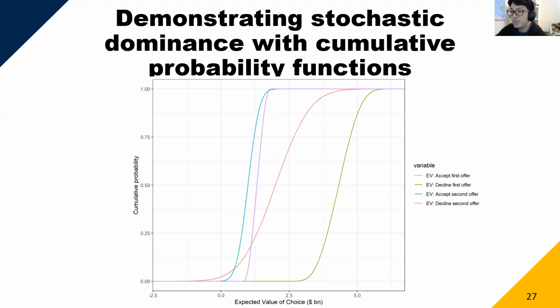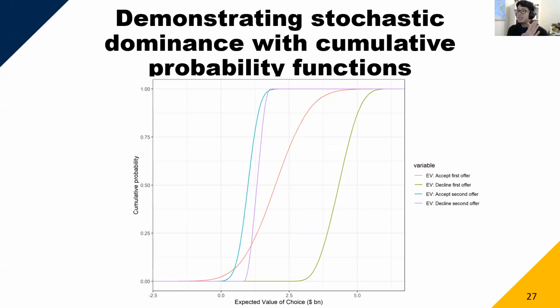When the distributions don't overlap, the clear example being the green and the red for accepting or declining the first offer, then I can say it's always the case that declining the first offer has a higher EV than the other.